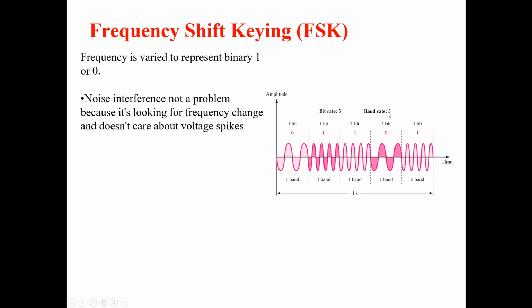Bit rate 5, baud rate 5. So 1 baud, 1 bit. Frequency shift means when the frequency is changed, we are using that change for determining the value in terms of 0 or 1.